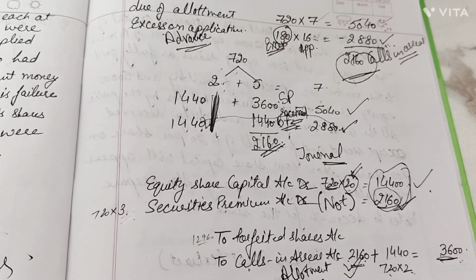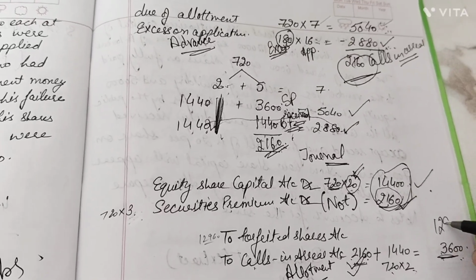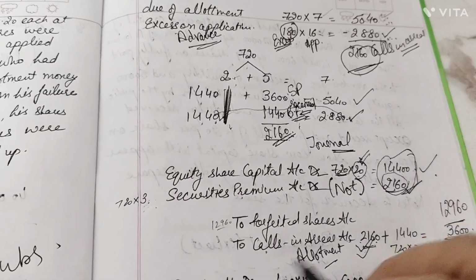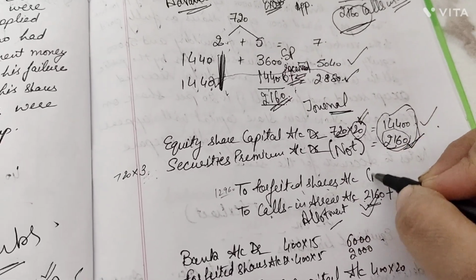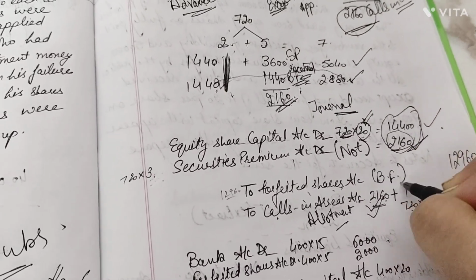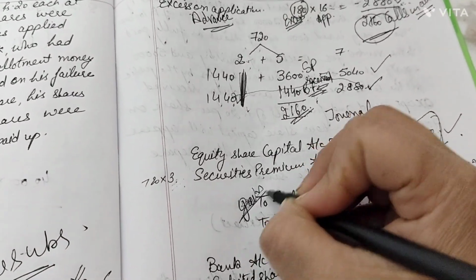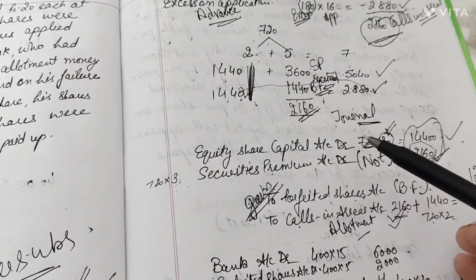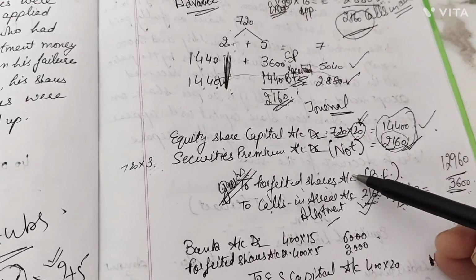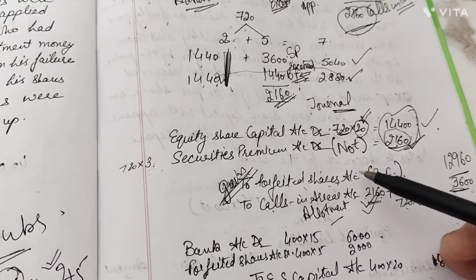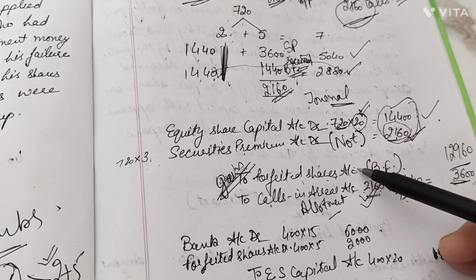That value, the total amount received, is 12,960. So this is the forfeited shares account which we calculated as a balancing figure, which shows actually the gain of the firm, because the company got their shares back also, and the amount which was received on these shares was also forfeited by the company, not refunded by the company.